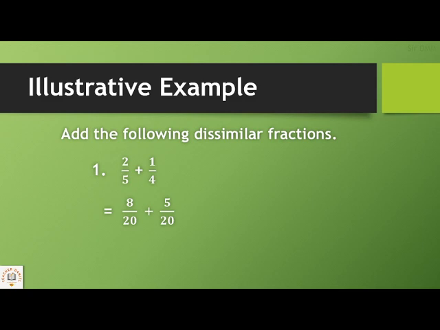So we have 8 over 20 plus 5 over 20. Just copy the common denominator, which is 20, then add the numerators. 8 plus 5, that is 13. So the final answer is 13 over 20.